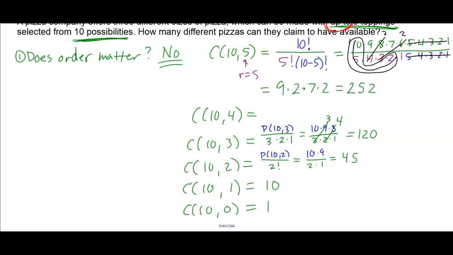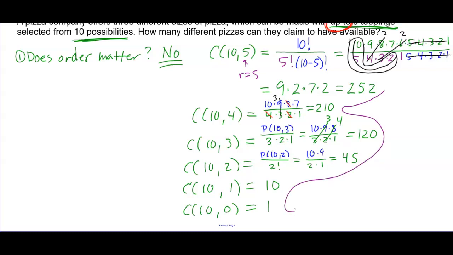I'm not sure which one would be better. I think I'll just do it this way, 10 times 9 times 8 times 7 over 4 times 3 times 2 times 1, and see what kinds of canceling I can get in there. And there's some pretty nice canceling. The 8 will cancel with the 4 times 2, and the 9 will cancel with the 3 times 3, so I'll get 21 times 10 is 210. So yeah, that worked out pretty good.